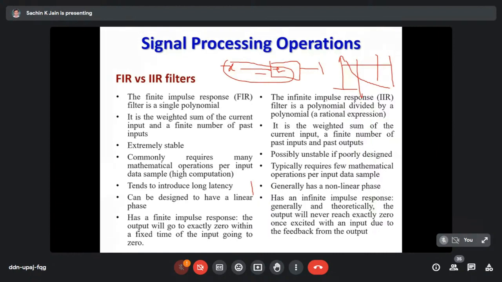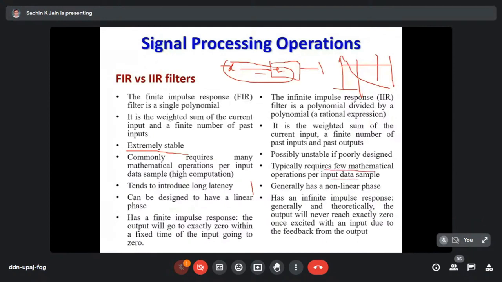As we know, every system which is developed for overcoming the drawbacks of one system introduces some other drawbacks. The same is true here also. The FIR filter is extremely stable, but when it comes to implementation, IIR is considered much better, because it requires fewer mathematical operations per input data sample.